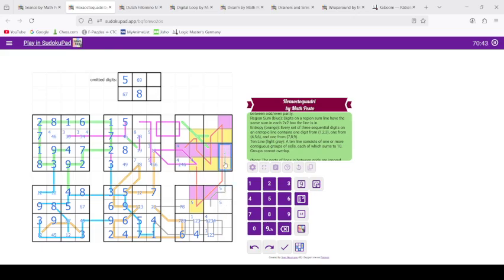If this were a 5, then these would have 5, 1, 4, 2, 3. And these would have to be 10. Which can work.